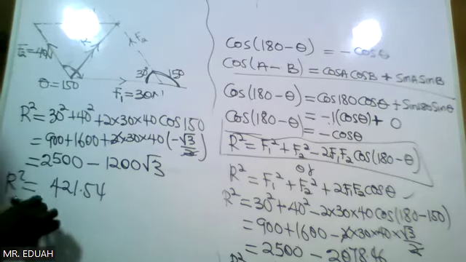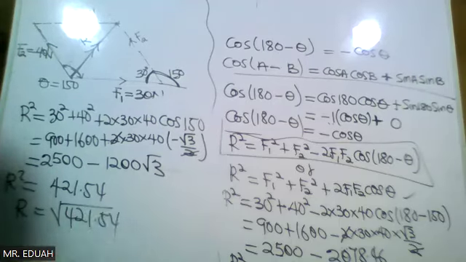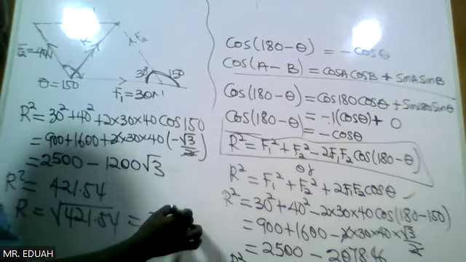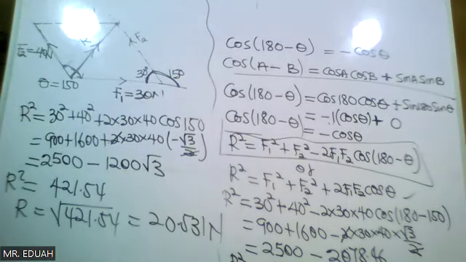So R will be equal to the square root of 421.54, which is 20.531 Newton. That's it. Then the direction of the resultant. Here, if we use the cosine rule or what I gave you, the value is the same.